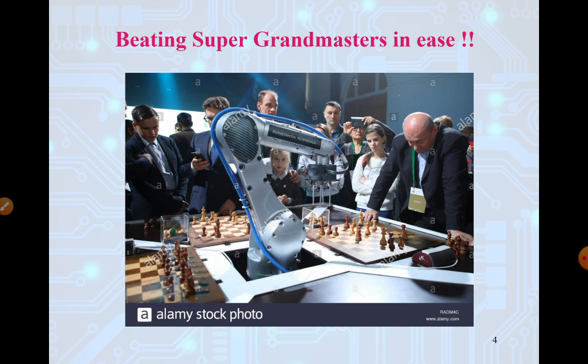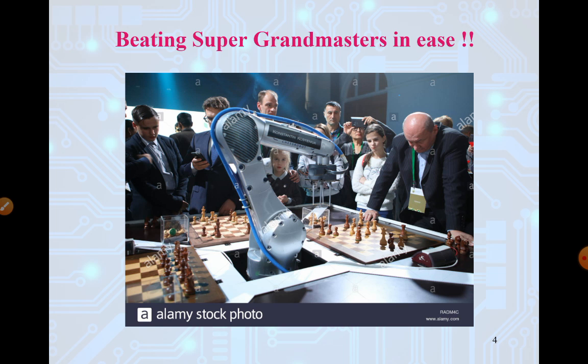Now, I have taken this slide because beating a super grandmaster is something we think of as a robot's job. The robot is playing chess with 3 opponents at the same time, and they are super grandmasters. He can easily beat them, because right now in the AI field, using deep learning or even conventional algorithms like min-max and alpha-beta pruning, we don't have any human grandmaster, even a world champion, who can beat a computer or software in chess.